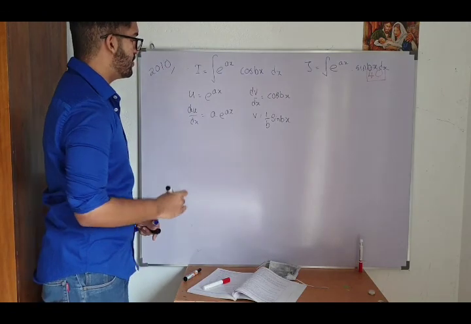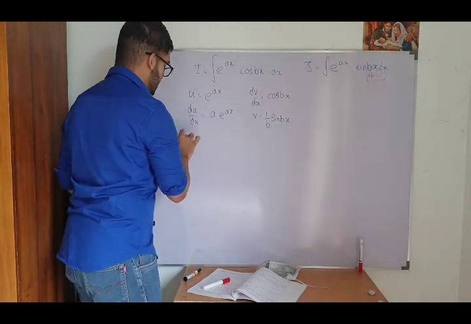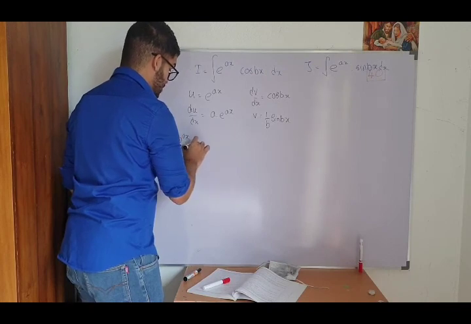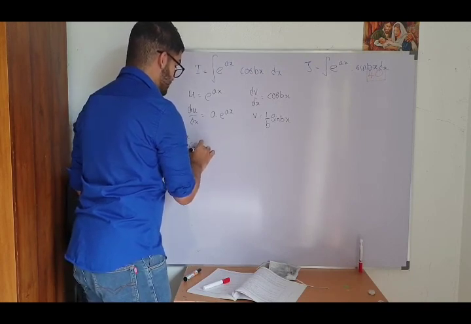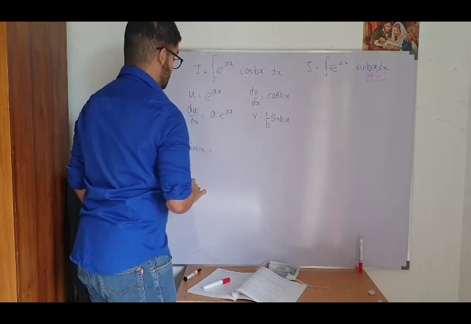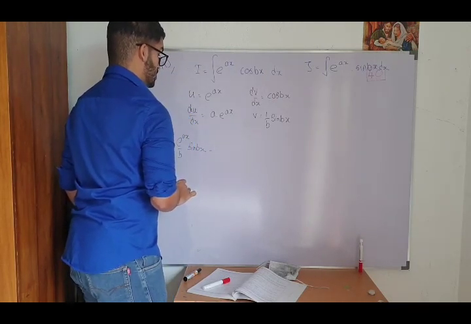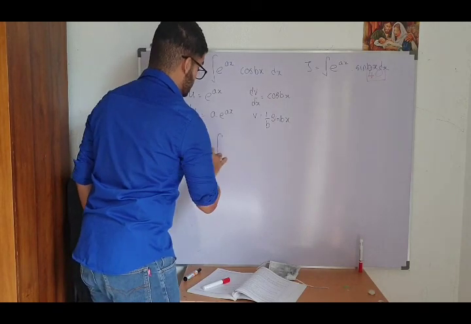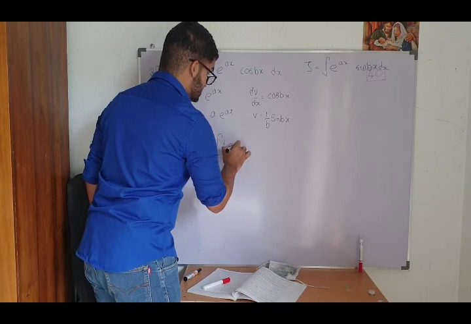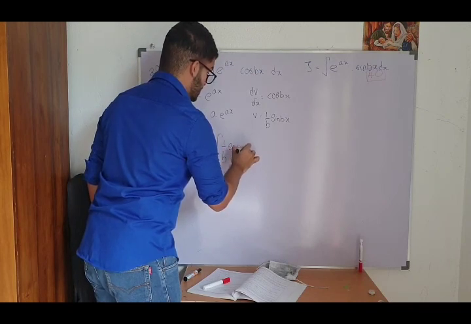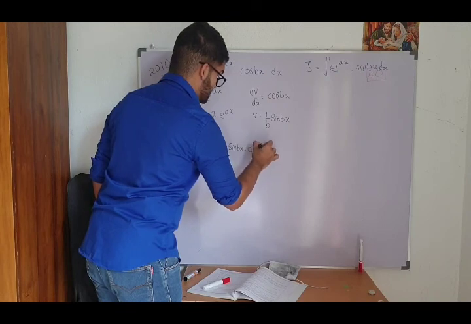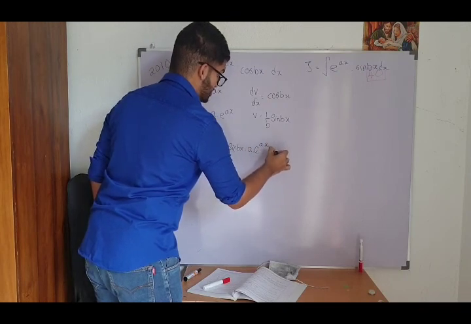So now using the by parts formula, what you got to do is that e^ax over b sin bx minus, then you put the integral sign and put 1 over b sin bx dot a dot e^ax dx.